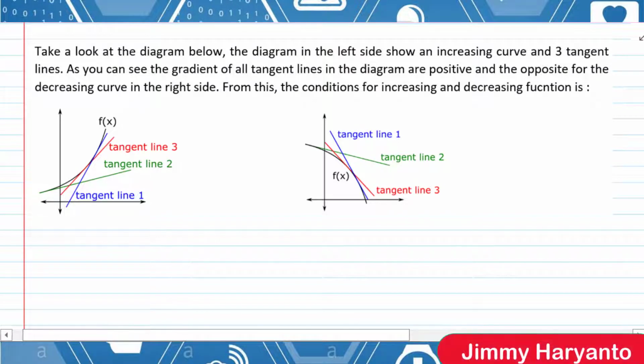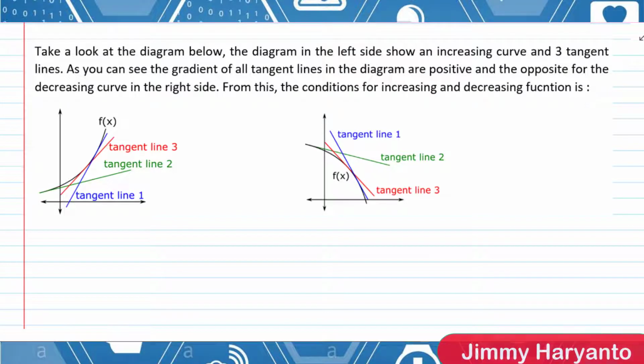I give you 3 examples: tangent line 1, tangent line 2, and tangent line 3. For this one, as you can see, all of the tangent lines have a positive gradient, right? But for this one, you have a negative gradient for all of the tangent lines.